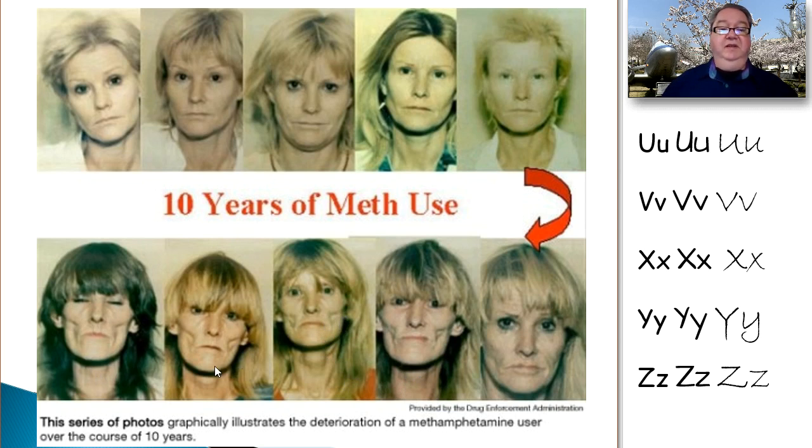And this is by the 10th year, she just looks terrible. Because methamphetamine actually eats your brain and destroys your cells. It's very destructive to your body. It destroys you physically. It's a big problem in the U.S., methamphetamine use, or meth.